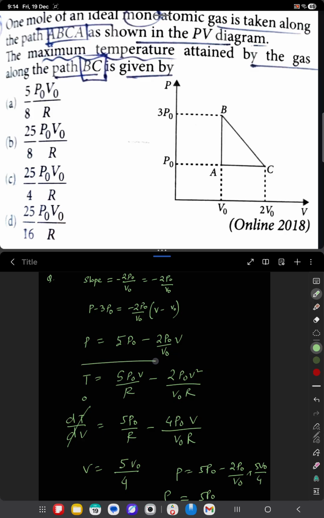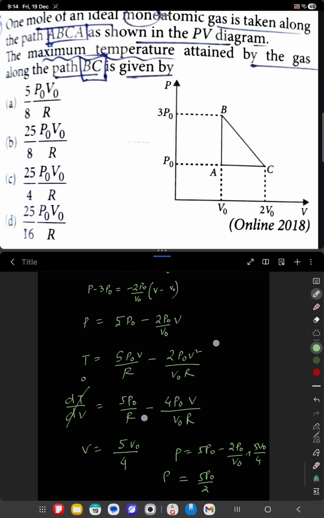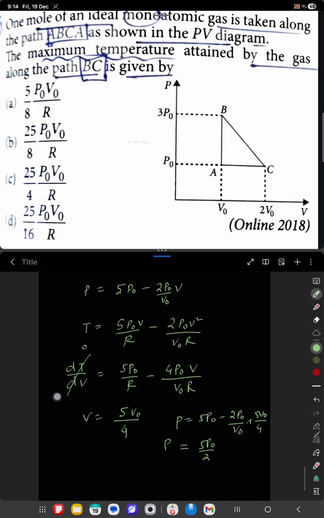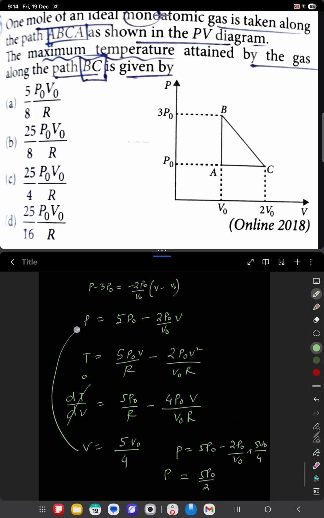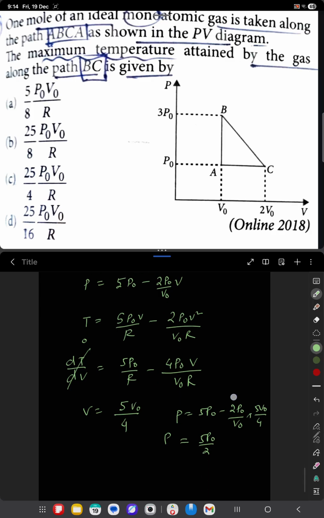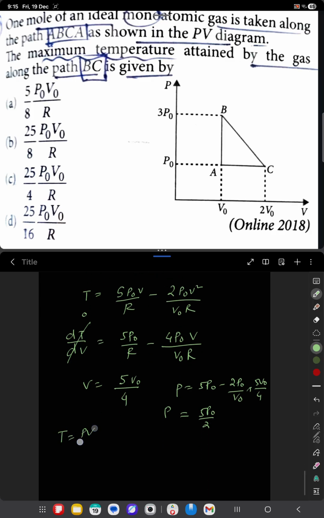Then from there just transfer P to T. Now do differentiation dT by dV, you will get the value of V, and put this V over here, you will get the value of P, and now T is equal to PV by R. So just multiply these two. So this is a lengthy process.